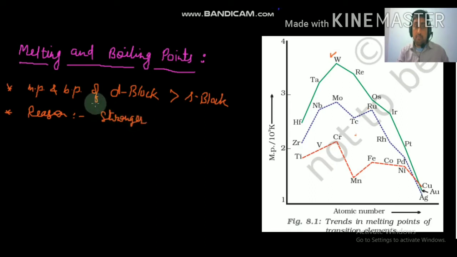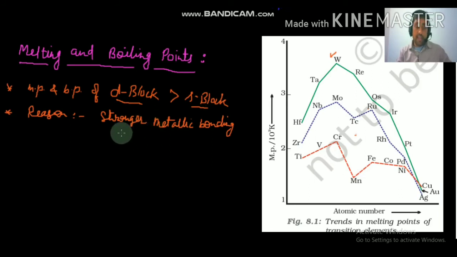Melting point directly depends on the type of bonding, and metallic bonding in fact is affected by the enthalpy of atomization. So we can say stronger metallic bonding. Now why is the metallic bonding in d block elements stronger than in s block? There is the involvement of the electrons.